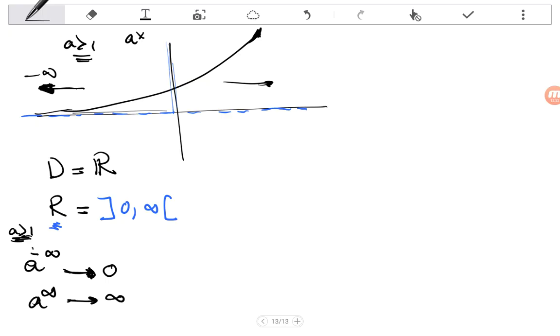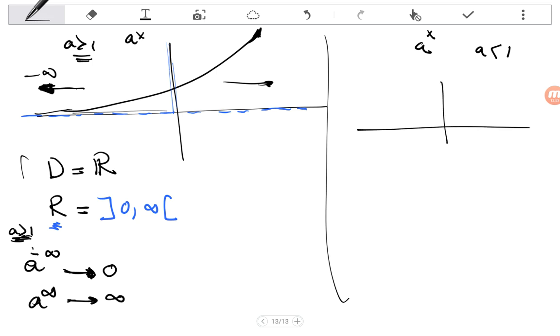Okay, so as long as you know the curve, you will know all the properties of the function. If you had an exponential function but with a less than 1, what will be the curve in this case? It will just be like that.